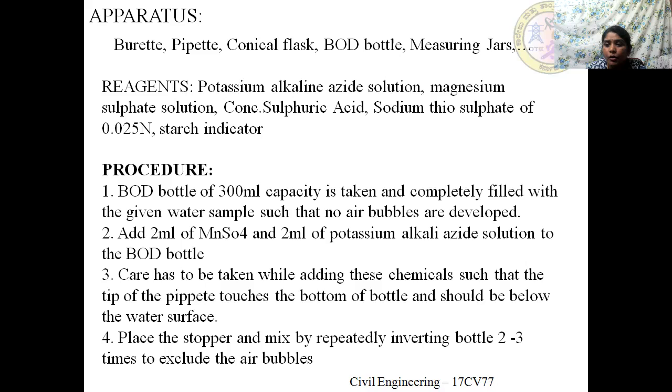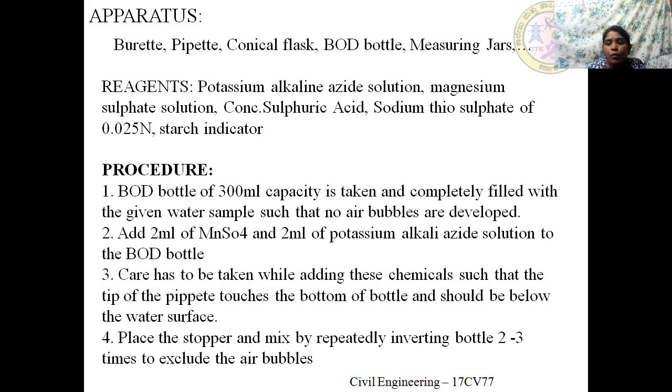The next step, you need to remove the stopper or the lid. Add 2 ml of MnSO4, manganese sulfate solution. Shake it well. Turn it upside down. Then add 2 ml of potassium alkali azide solution.